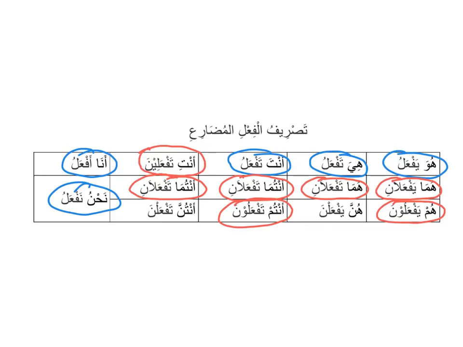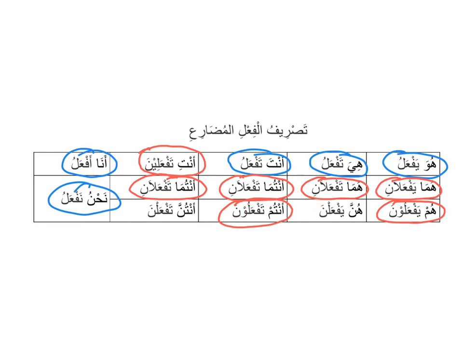And now let us go back to our تصريف الفعل المضارع, and we want to know which fi'l is mansub بالفتحة and which one is mansub بحذف النون. As we learned in our previous lesson on fi'l مضارع مرفوع, all fi'l مضارع with blue circles are marfu' بالضمة, and all fi'l مضارع with red circles are marfu' بثبوت النون, by retaining the nun.